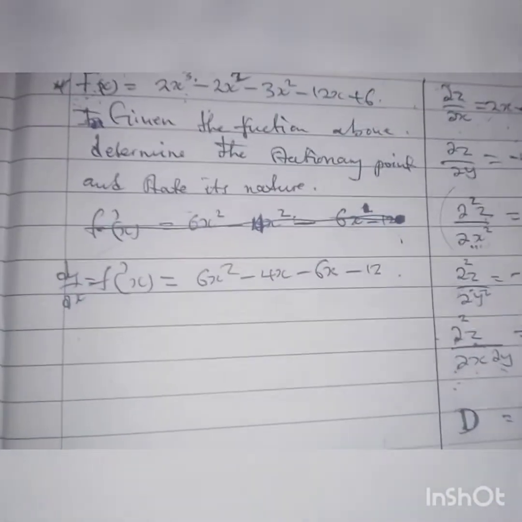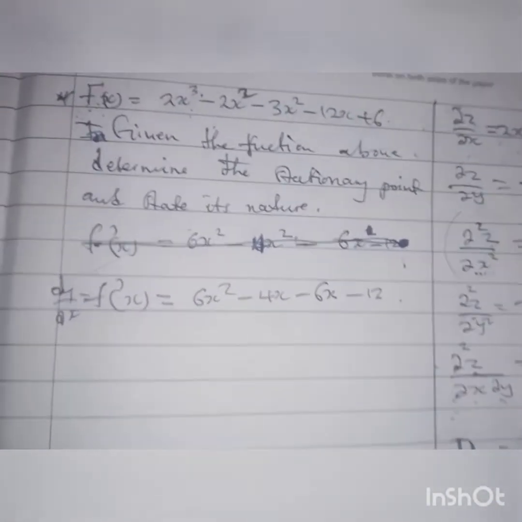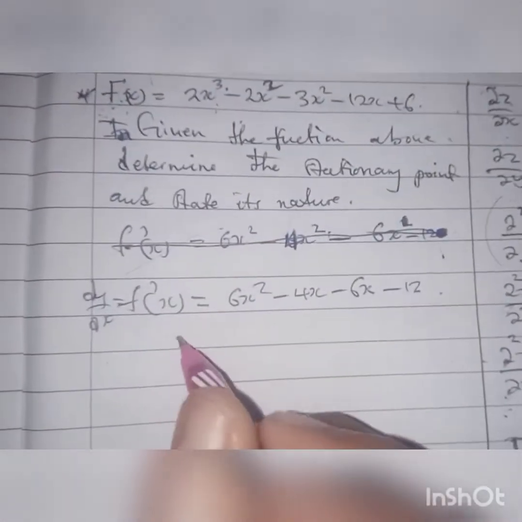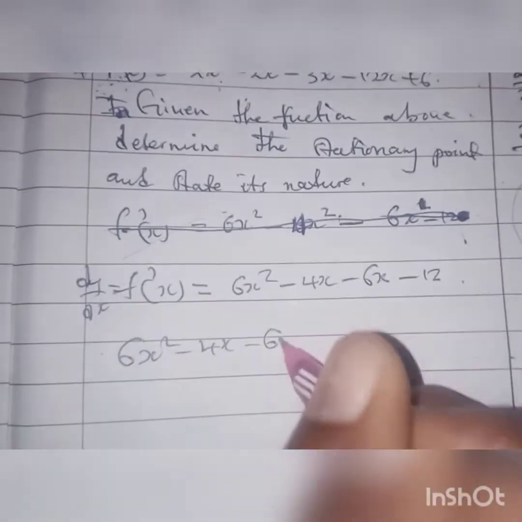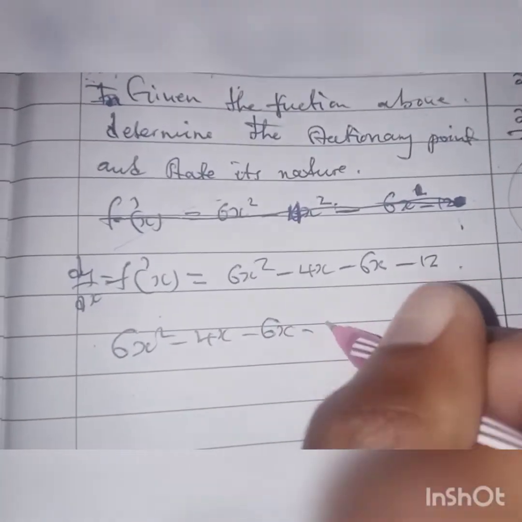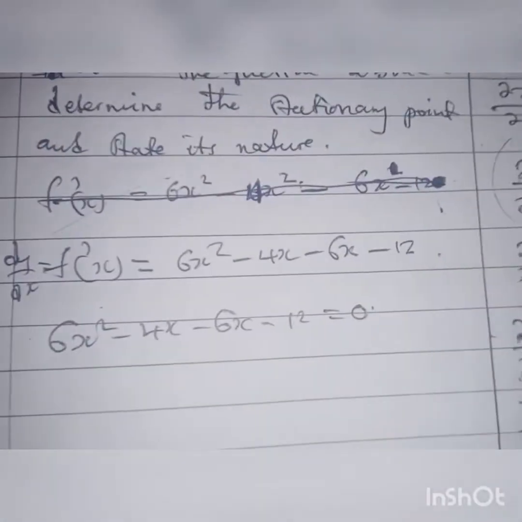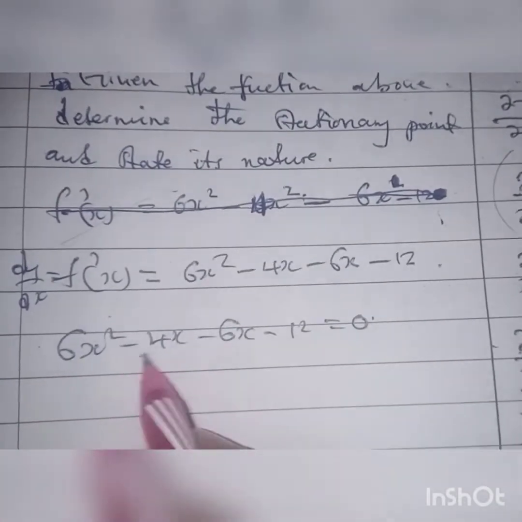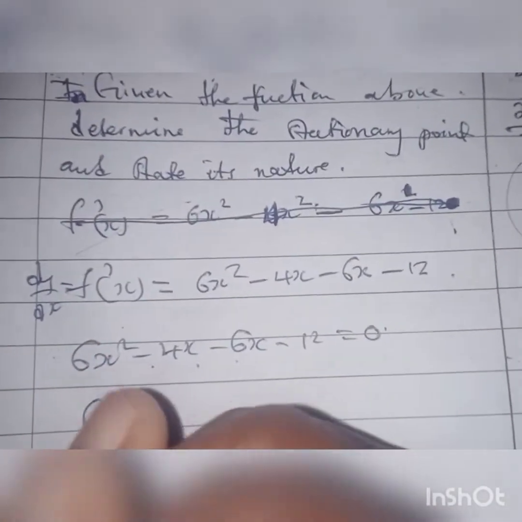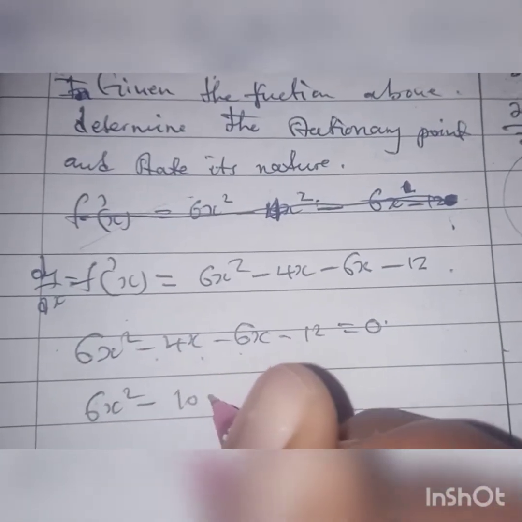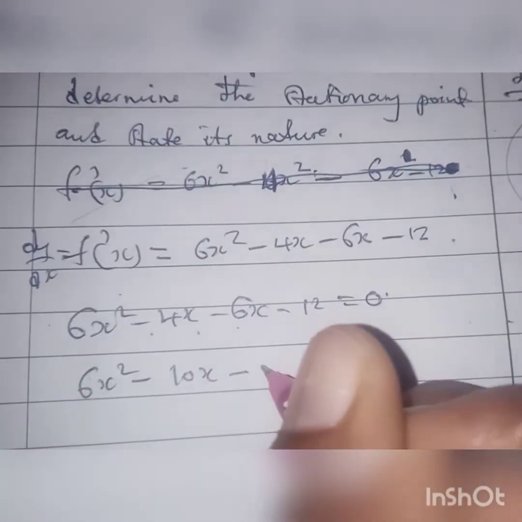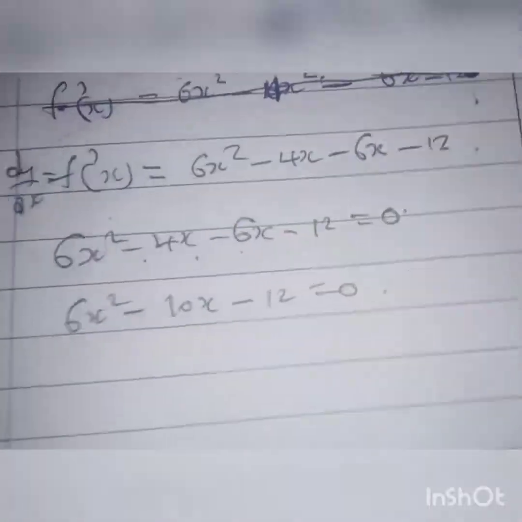The slope at the stationary point is always 0. So we just have to equate this function with 0. So minus 4x minus 6x is just minus 10x, then minus 12 equals 0.